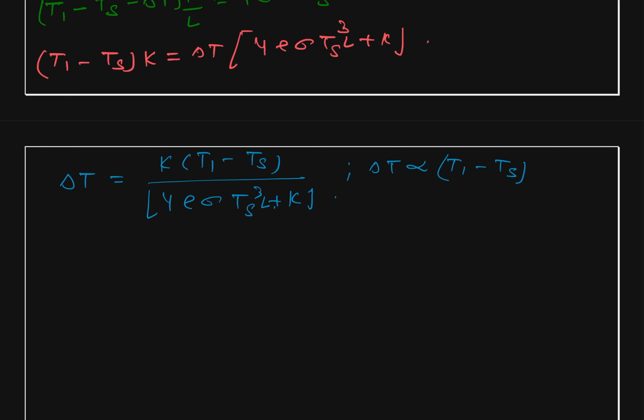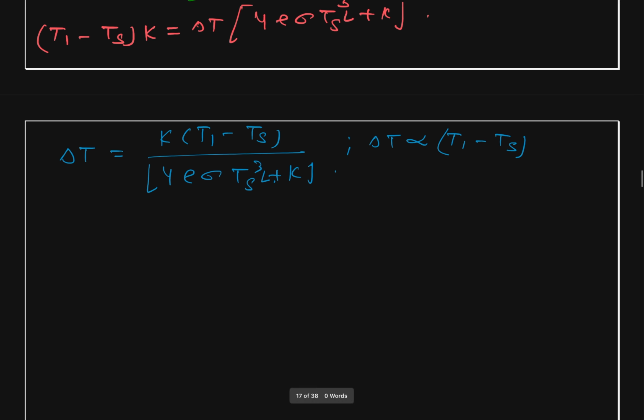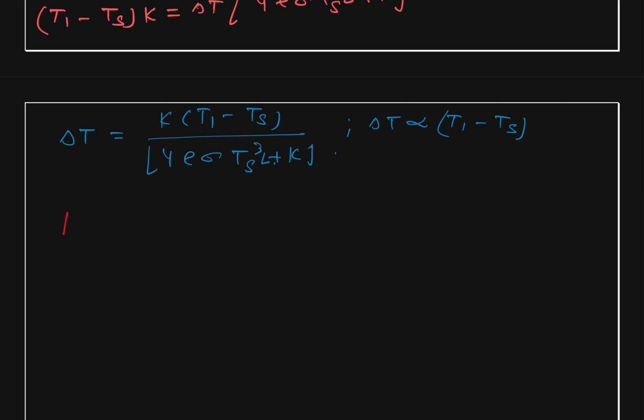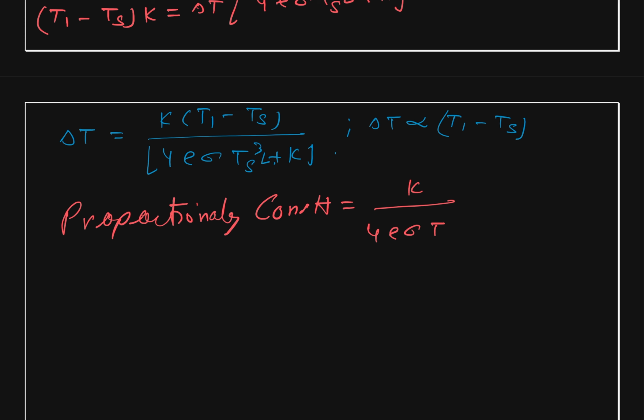If we make the comparison, we can write that the proportionality constant will be equal to K divided by (4 E sigma Ts cube times L plus K). So this is our proportionality constant.